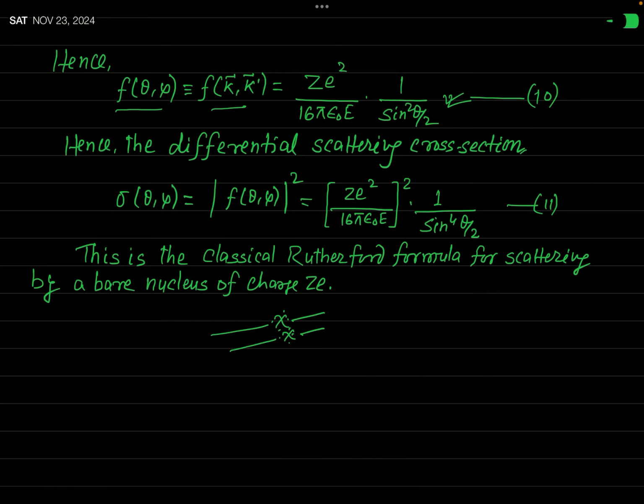Now, after getting the scattering amplitude, you can easily find the differential scattering cross section. This differential scattering cross section sigma of theta phi is simply the square of the modulus of the scattering amplitude. So when you square this equation 10, you will get the differential scattering cross section in this limiting condition.